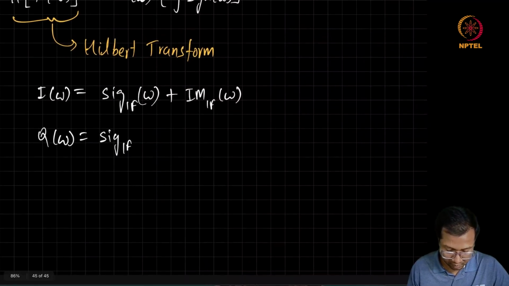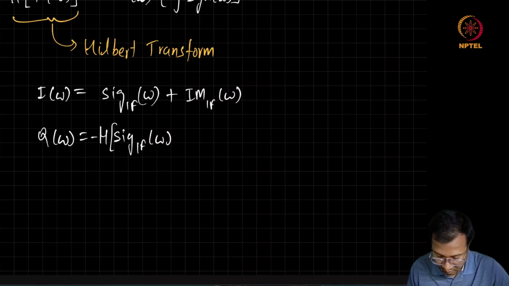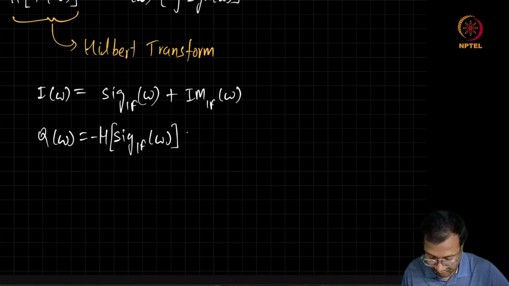So I can write it as negative Hilbert transform of the desired signal, and a positive Hilbert transform of the image signal.